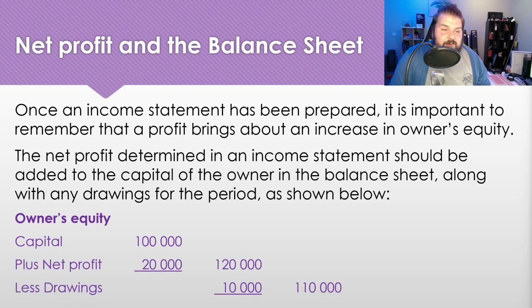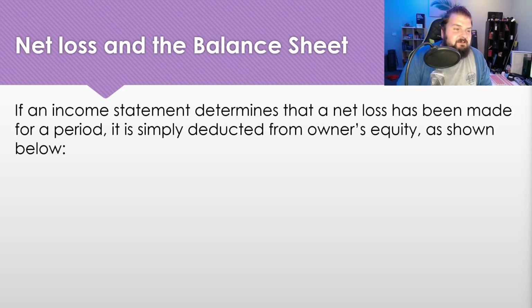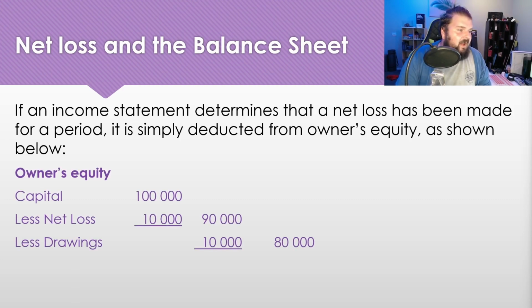So we can see we've got $100,000 of capital and we've earned $20,000 of profit, which means that our owner's equity becomes $120,000. We then remove our drawings, which gives us our final balance of $110,000. Now, it might be in some cases that we actually don't earn a profit, but we instead make a loss. And that would be shown simply as withdrawing from owner's equity.